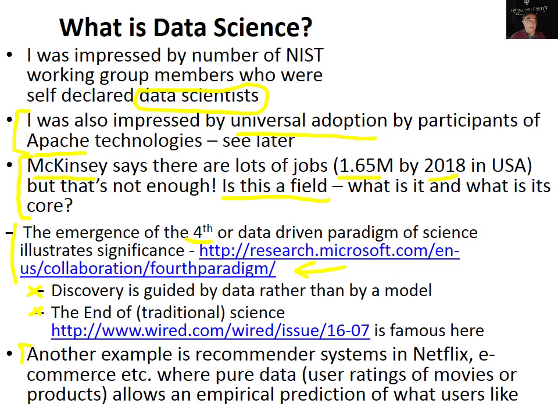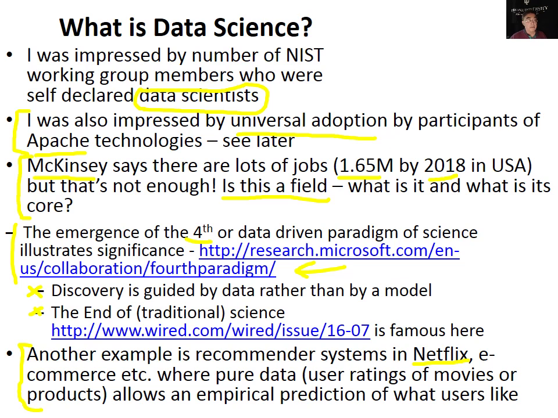Another good example I use to illustrate the importance of big data is recommender systems, as used by Amazon, Netflix, and so on. Why I find recommender systems remarkable is you take pure data, user ratings of movies or products, and use that to predict what users want.